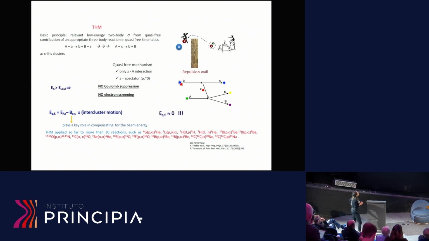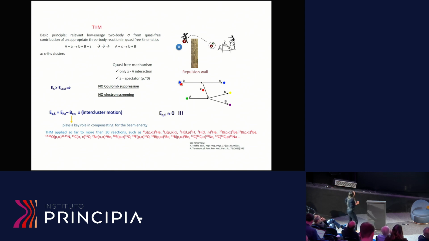That means that either the projectile or the target, here we call it small a, is a nucleus that is clusterized in terms of these two nuclei, X and S, or particles, where X is exactly the participant of the two-body reaction of interest.